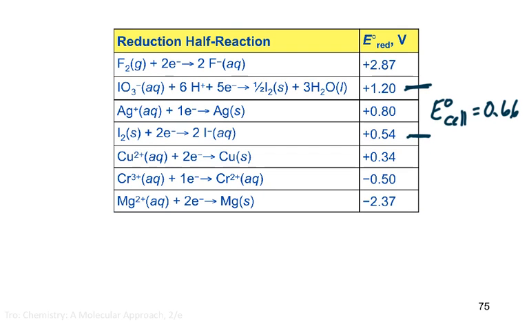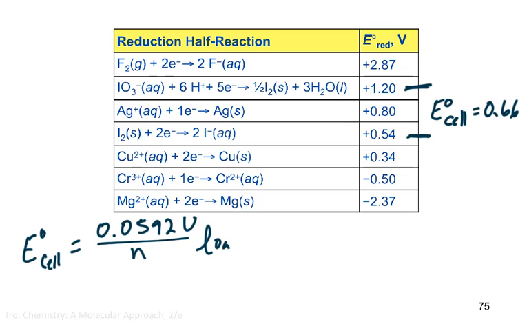Then my equation, my cell potential is 0.0592 volts over my number of electrons times the log of K. I didn't talk about that 0.0592 volts. That comes from combining R, the temperature, and Faraday's constant, and then switching from natural log to regular log. So it's combining a bunch of stuff together.